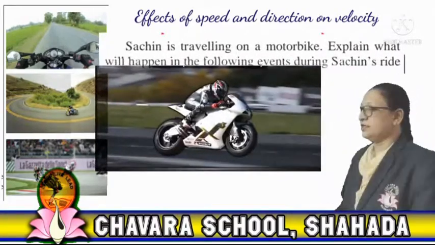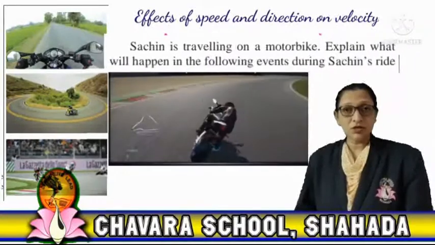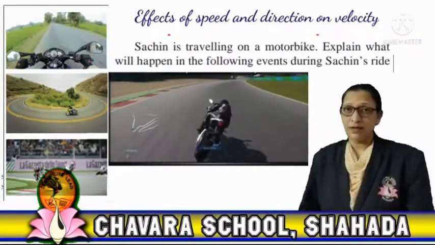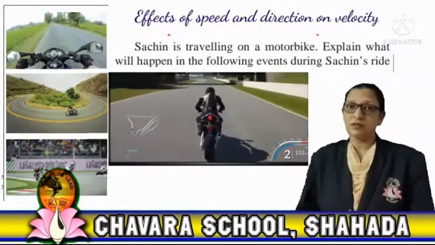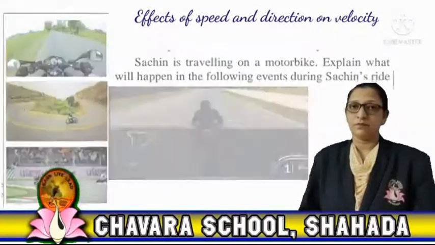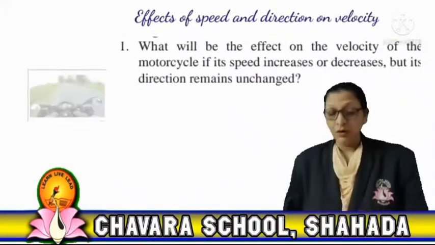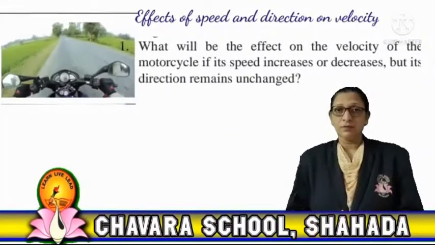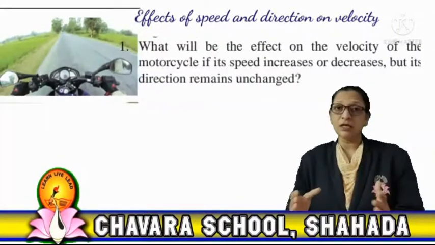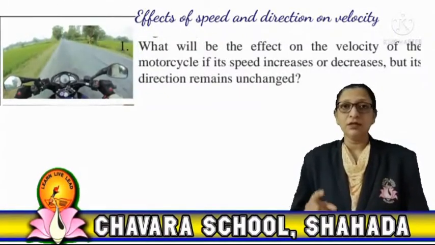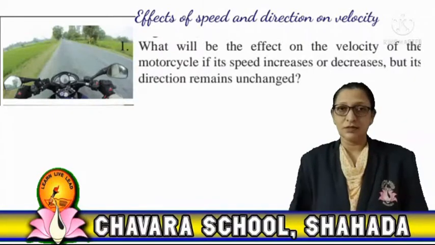Here, let us consider Sachin is traveling on a motorbike. Explain what will happen in the different cases. 1. What will be the effect on velocity of the motorcycle if its speed increases or decreases but the direction is constant?